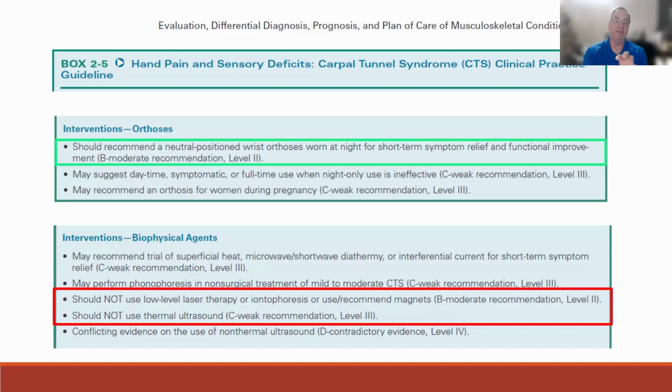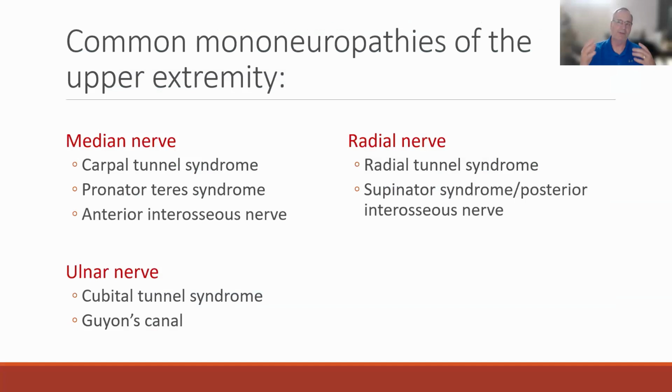And what we have done is all the grade A recommendations and all the level 1 evidence we have highlighted in bold font within the boxes, like the one that you've seen right here. So that was a question, of course, about carpal tunnel syndrome with the median nerve.